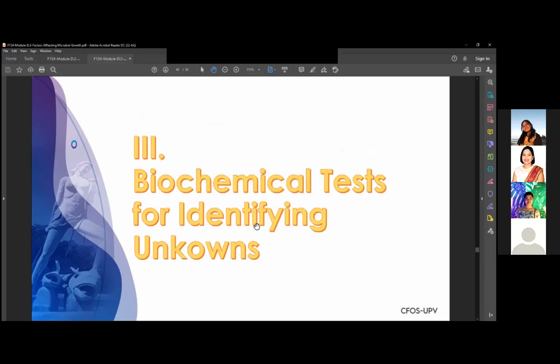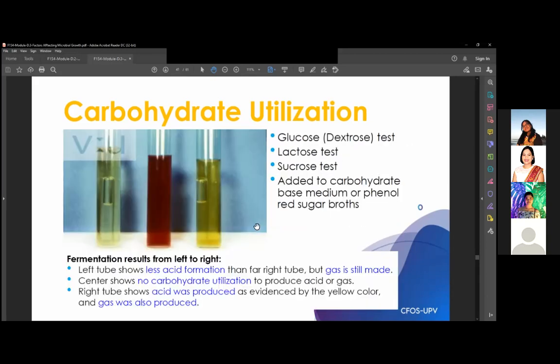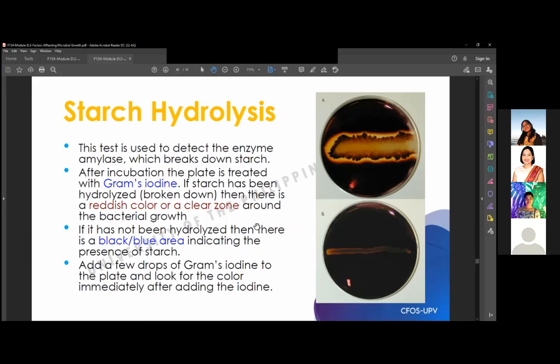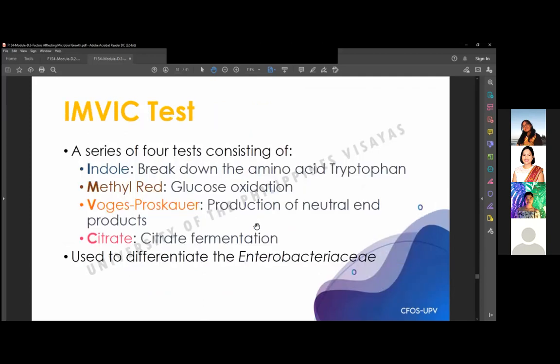Next, we're now at slide 44 of 61. Okay, this biochemical test, guys, please read this. You can handle this. This PowerPoint is good, it included everything that you should learn about biochemical tests. So why do we do biochemical tests?